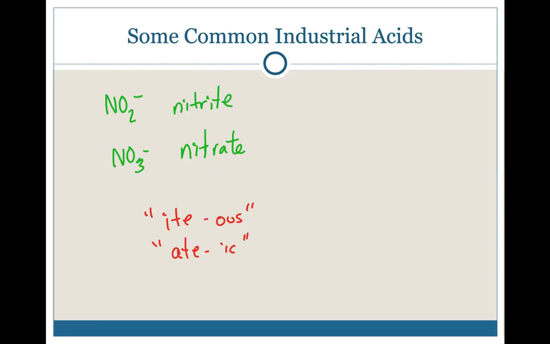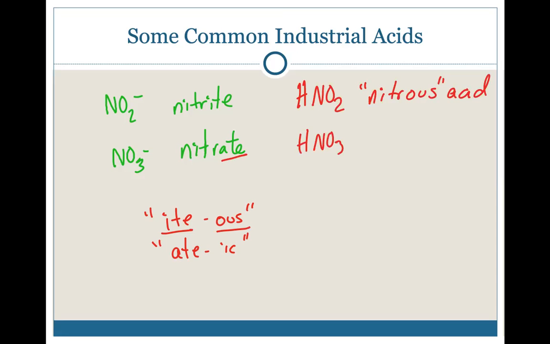So if the polyatomic name ends with ite, the acid name ends with us. So if I have nitrite and I add a hydrogen, this becomes nitrous acid. If it ends with ate, nitric acid. Okay, you can do the same thing with any of the polyatomic ions.